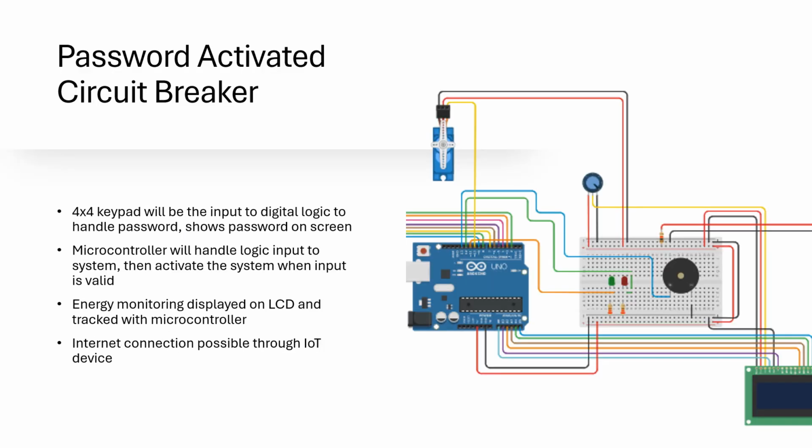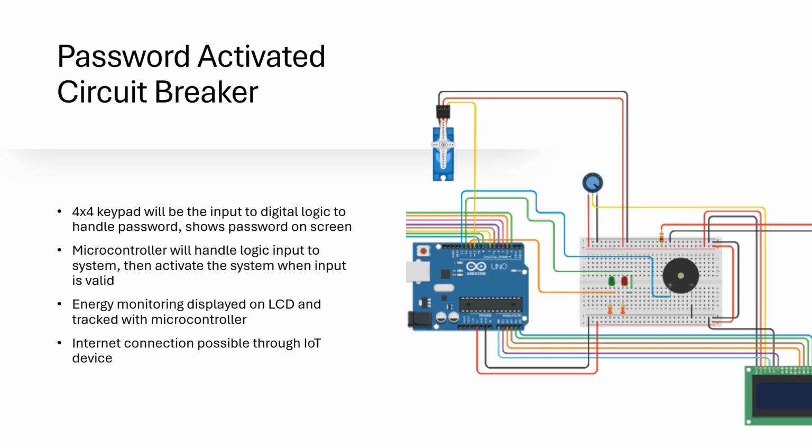This is our plan for the design. It will follow this flow that we have, where it starts with the keypad interface where you input the password, and it will show your password on the screen and tell you if it's right or wrong based on the digital logic. So that password will be entered through the keypad and then sent to the microcontroller, which will decide to activate the system or not.